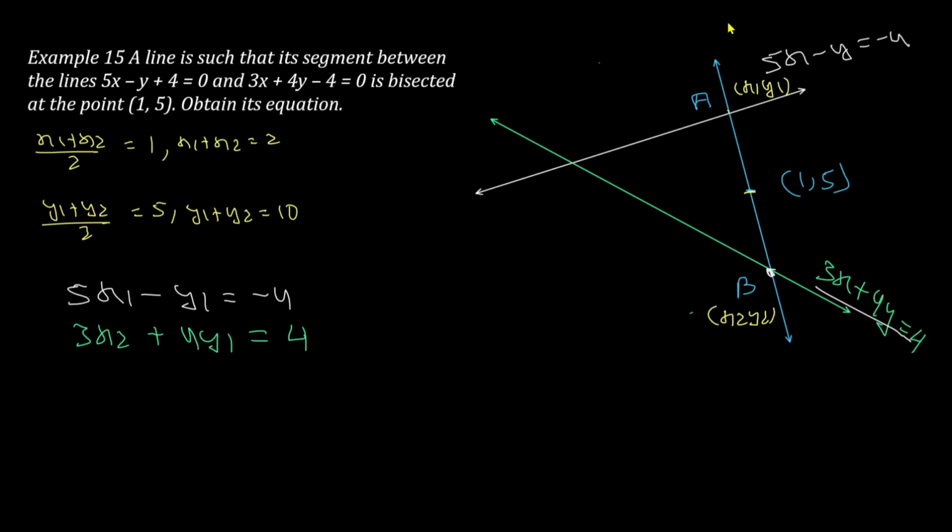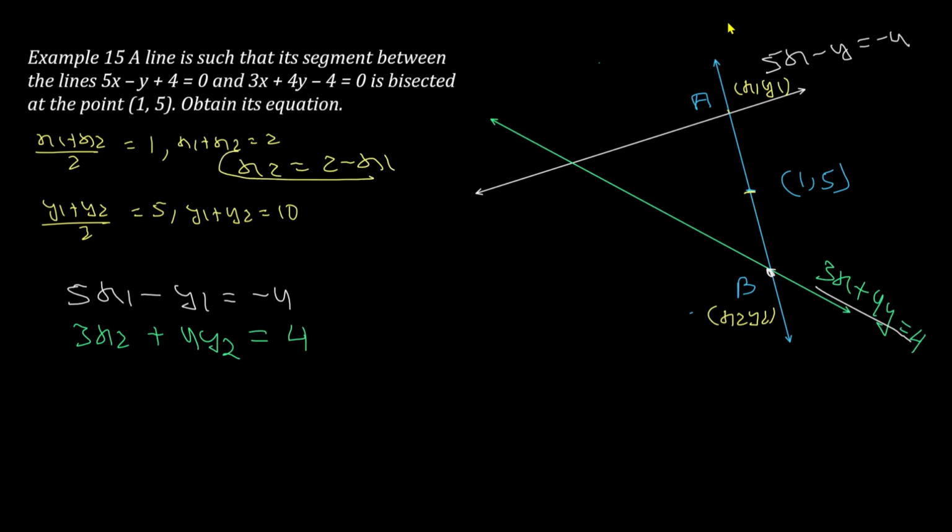Now we have these two equations, but we cannot solve them, the reason being they have 4 variables. So we are going to convert them into a single variable. From the first equation, I can replace x2 with 2 minus x1.